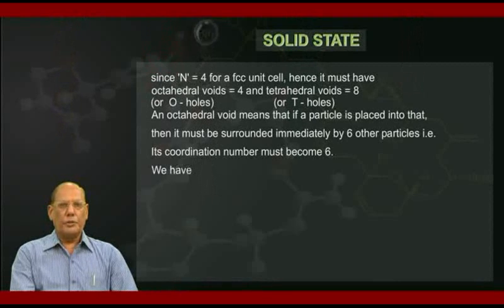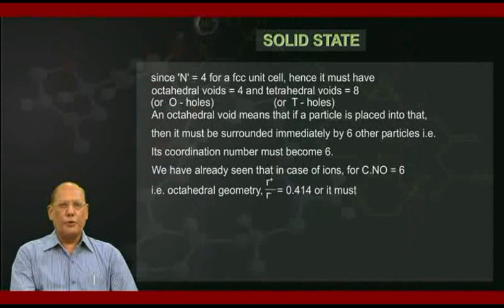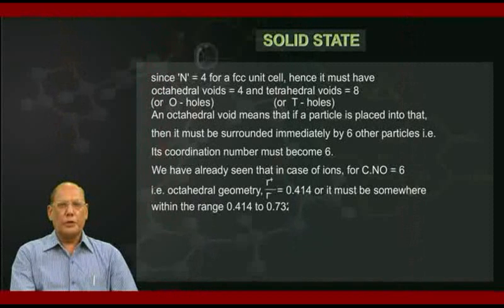We have already seen that in case of ions, for coordination number 6, that is octahedral geometry, r plus upon r minus is equal to 0.414, or it must be somewhere within the range 0.414 to 0.732.